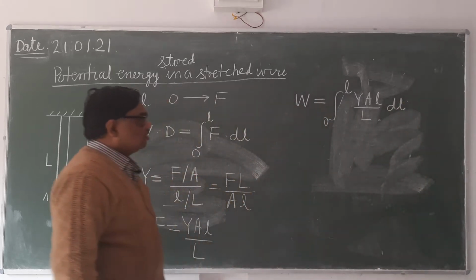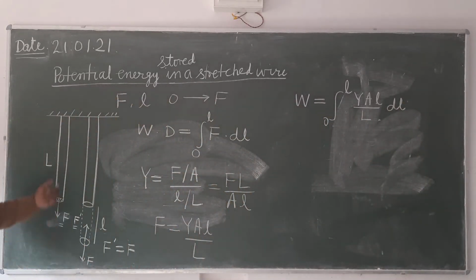Now see here, in this stretching we have ignored the lateral strain, therefore area of cross section will remain the same throughout. It's clear? Because when you stretch, actually its area of cross section will decrease, diameter will decrease.